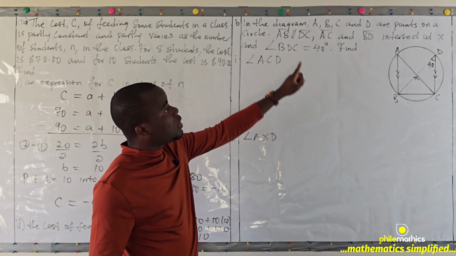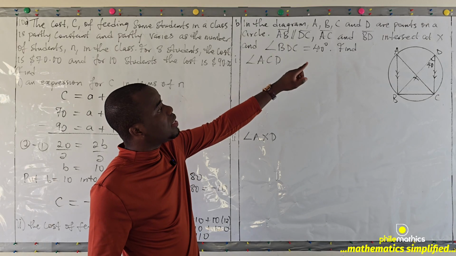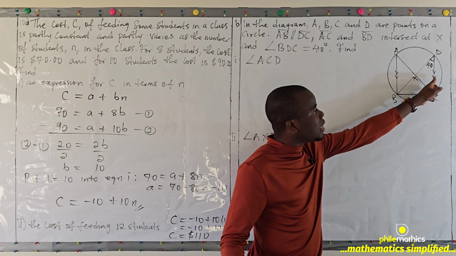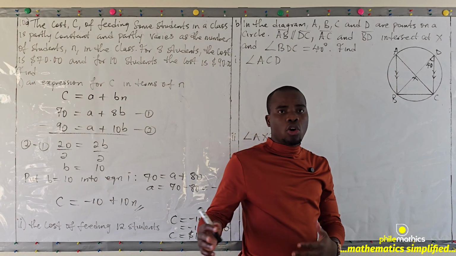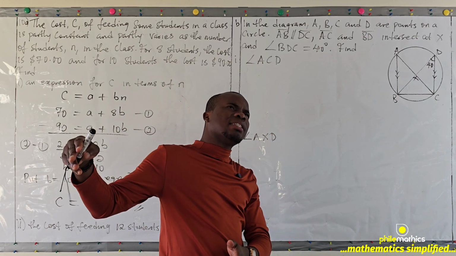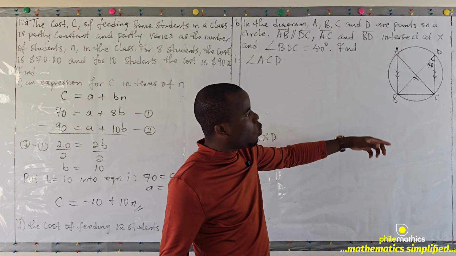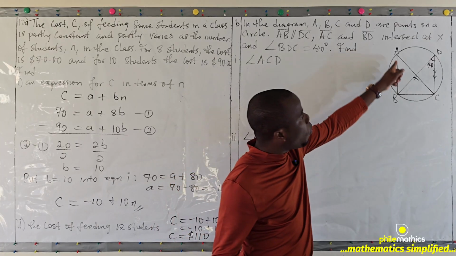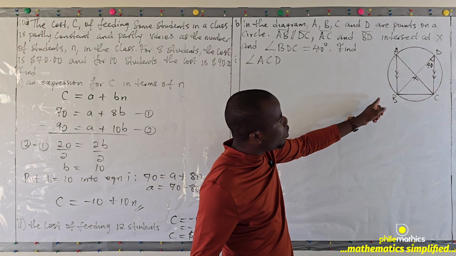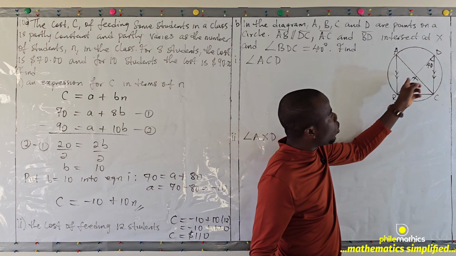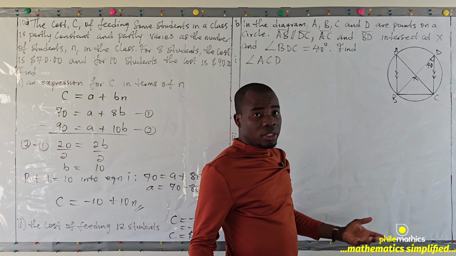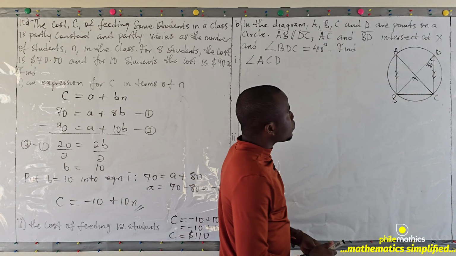Since we are told that AB and DC are parallel lines, you recall, if you have two parallel lines and a transversal, we know that this angle is equal to this angle. The reason is alternate angles.